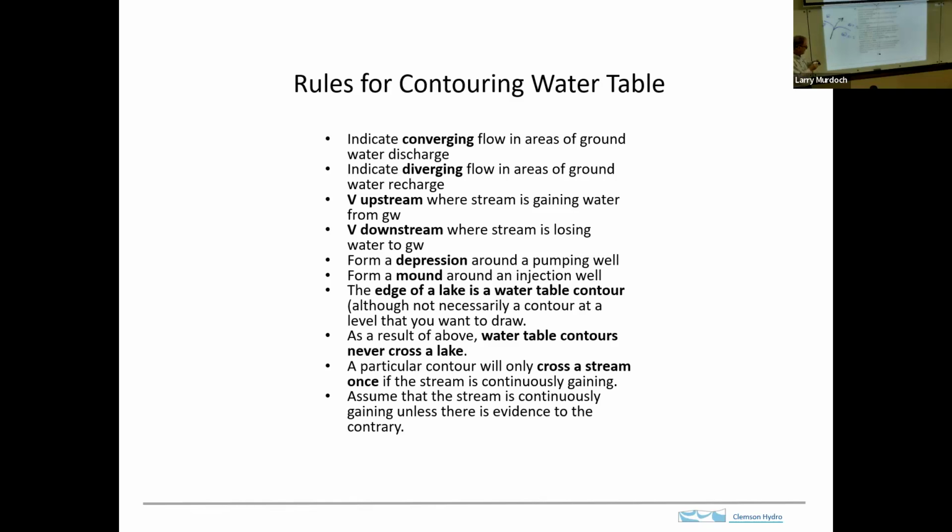So if there's not really evidence that it's not gaining, we would infer that it's gaining and we would draw it crossing like that. Okay, even though there might not be, maybe you have some points right here that would require that it curves up like that, but a lot of times you won't. In the homework problem, for example, there'll be places where there are streams and there's not really control to show that it being upstream, but you would infer that that's the case.